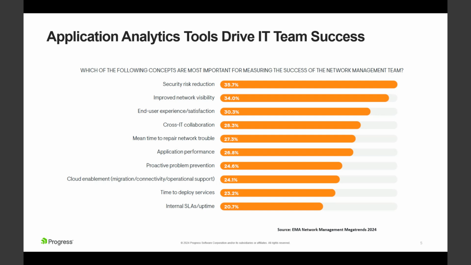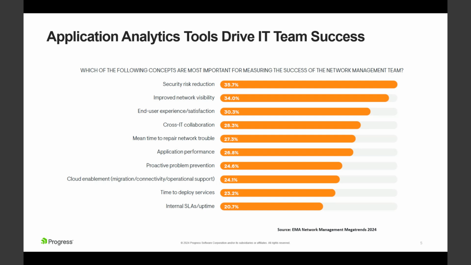So as we can see in this slide, we've mentioned a few stats. These are the different success criteria that IT teams depend on. This can be security, application performance, collaboration between teams, their ability to fix network issues, and how they can deliver a good end user experience.